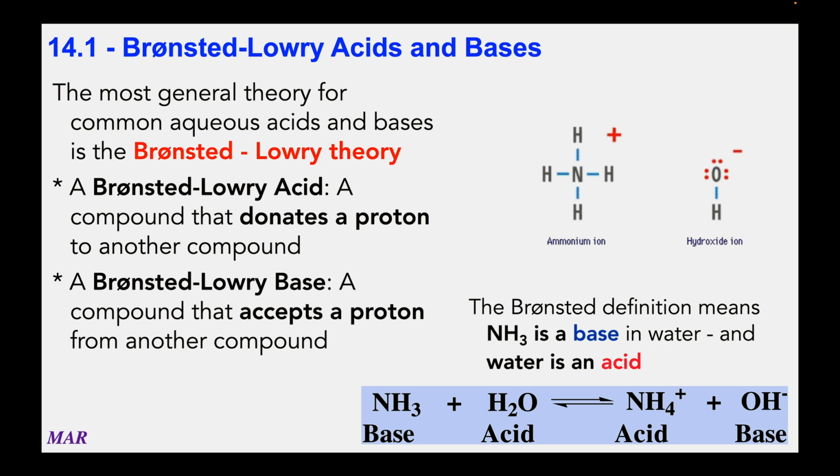If you think about it from that perspective, the ammonium is donating an H+ to the OH-, so ammonium becomes ammonia. So ammonium is an acid, and the hydroxide here is accepting that H+ from the ammonium to make water, so hydroxide here is a base. So when it comes to equilibria, you can have acids and bases on both sides of the reaction, and that's going to be one of the things we talk about in this section.